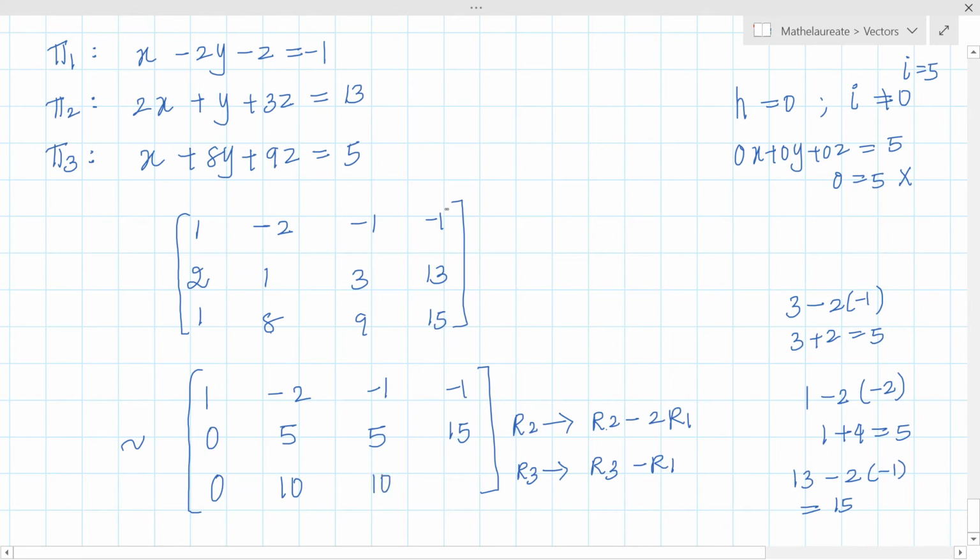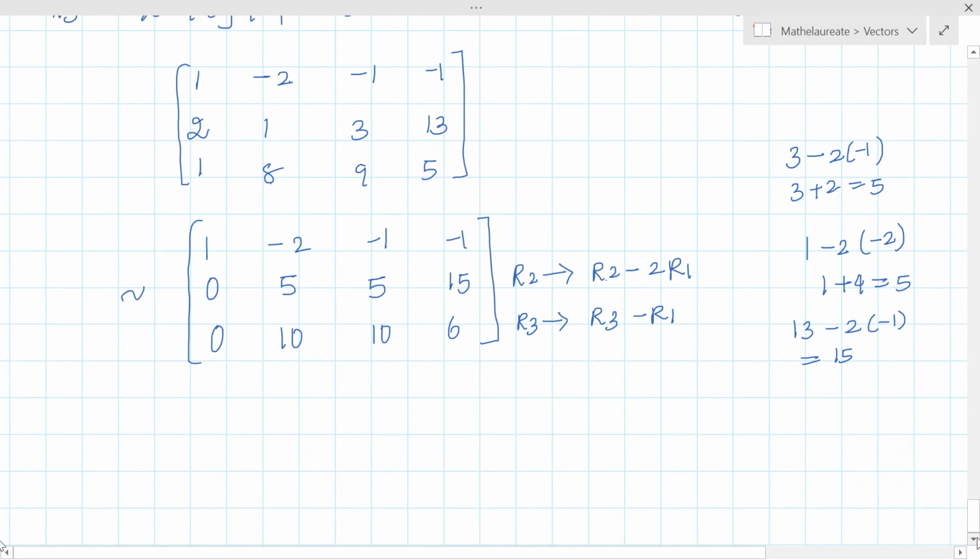And the last term, when I write here, it is not 15, it is 5. Sorry, this is 5. 5 minus minus 1 makes it 6. Fine, I guess no errors in this.